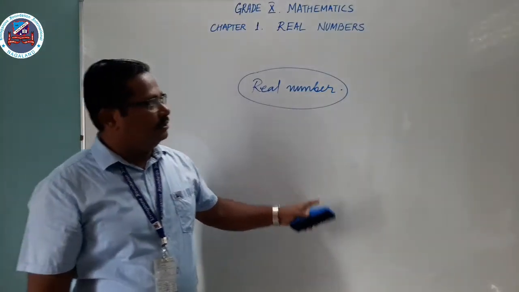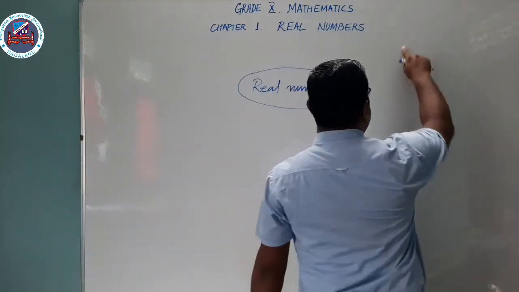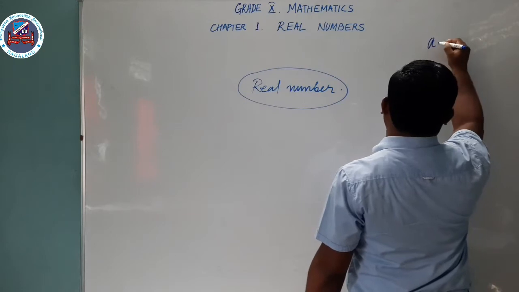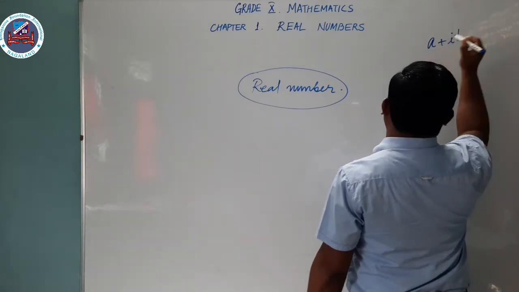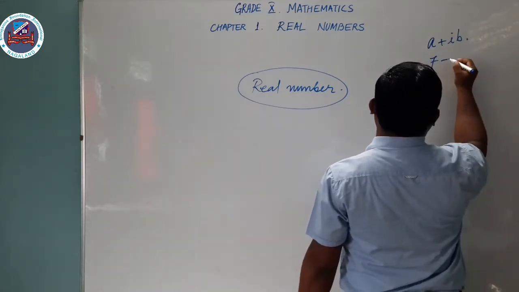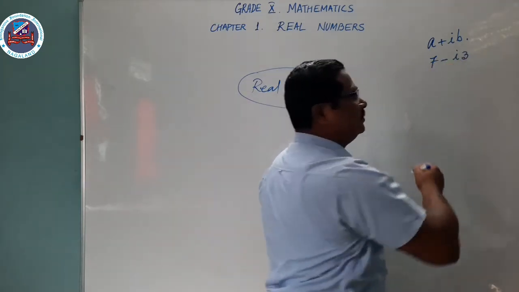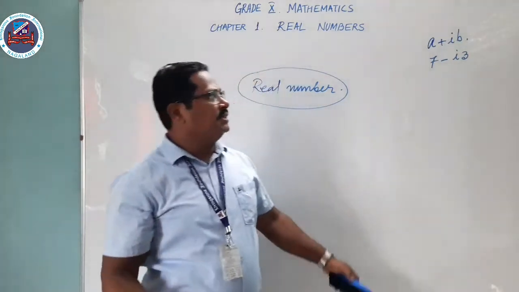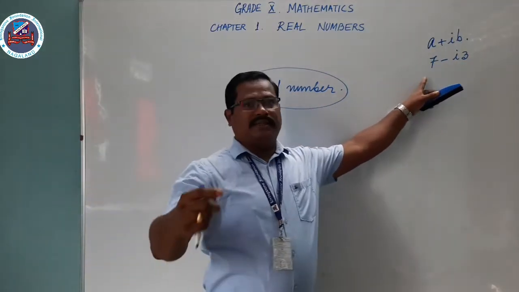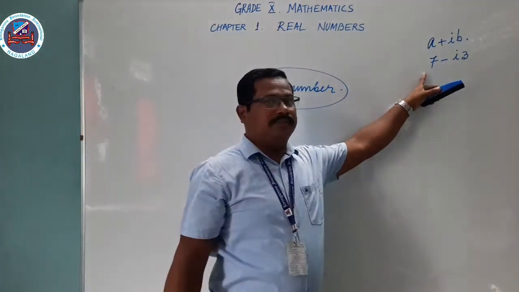Imaginary numbers are those numbers which contain the imaginary part a plus ib. In this form, if I write like 7 plus or minus i3, then these numbers are called imaginary numbers, and these imaginary numbers you are going to study from class or standard 11 onwards.